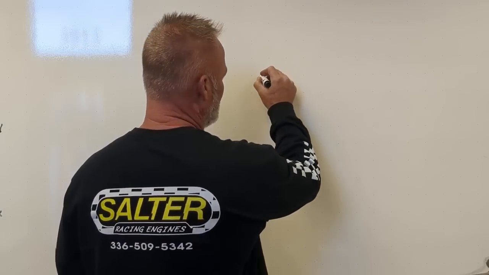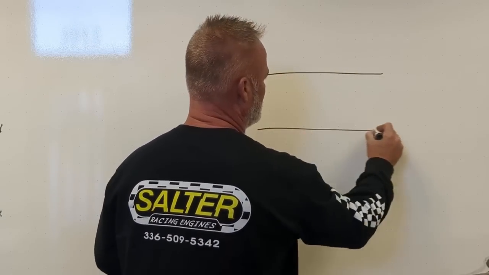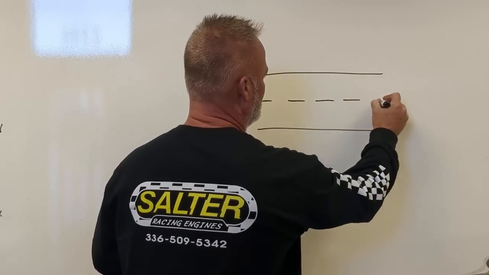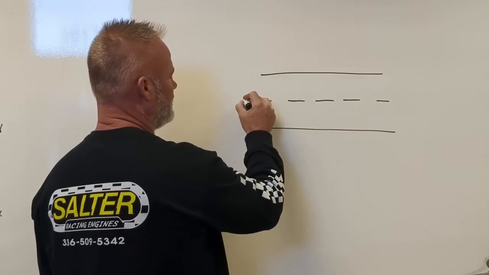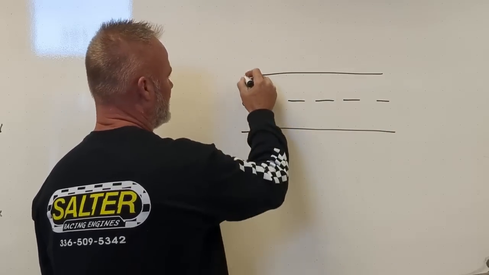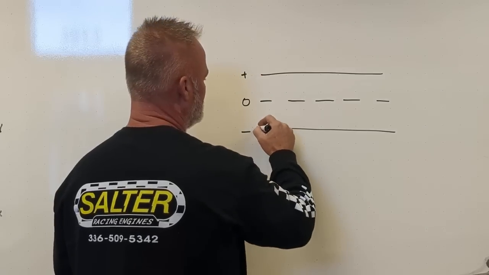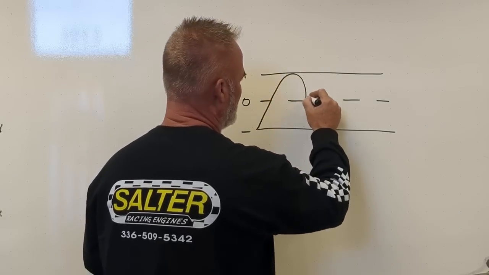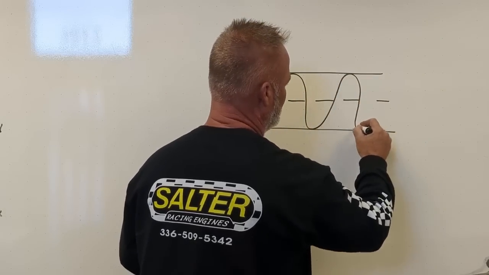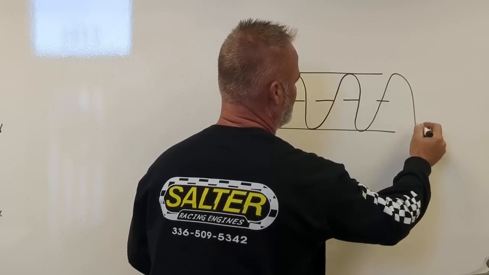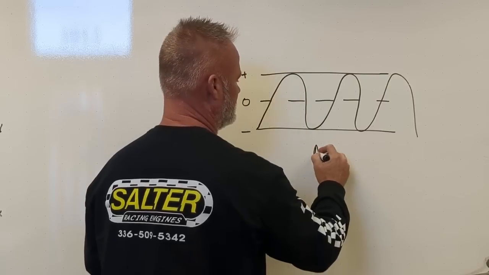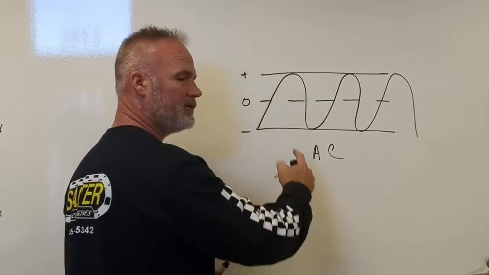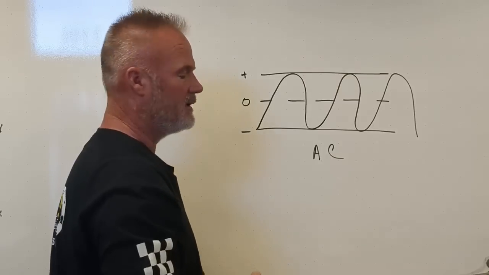Now, if you have an oscilloscope or a graph, what you will see is 0 volts, negative, positive, and you will have a sine wave like this with AC voltage. Alternating current. It alternates between positive and negative.